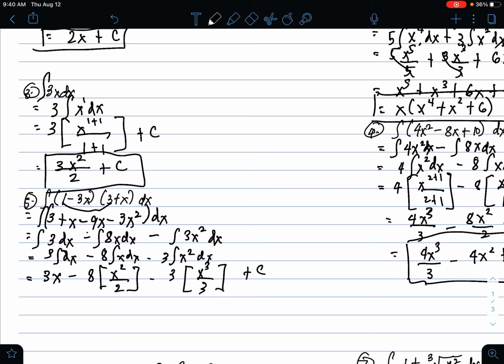Take note, once there are no more integrals left, that's the time I put the constant. Again, let's not forget the constant of integration. So, that's 3x minus 4x² minus x³ plus c.